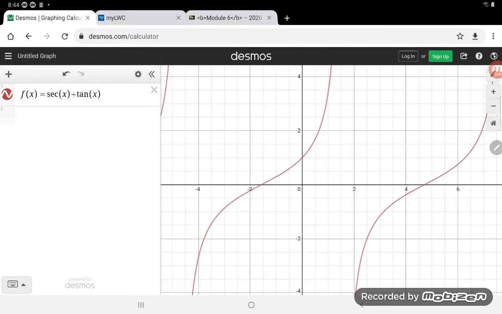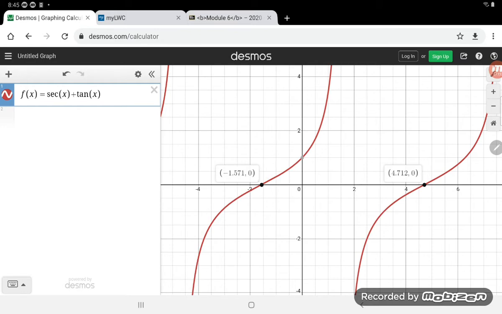Notice that we have what appears to be, at the minus pi over 2, and then, oh yeah, so I'm sorry, this is minus pi over 2, and then we have the asymptote at probably pi over 2, and then again at 3 pi over 2 we have what looks like a removable singularity.